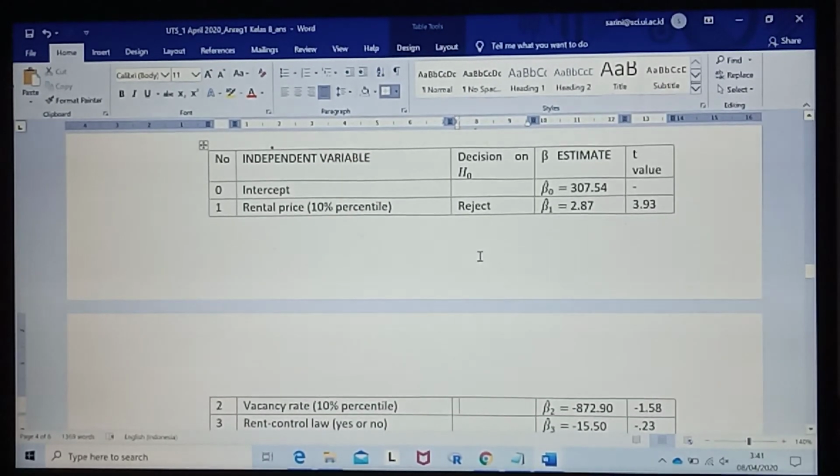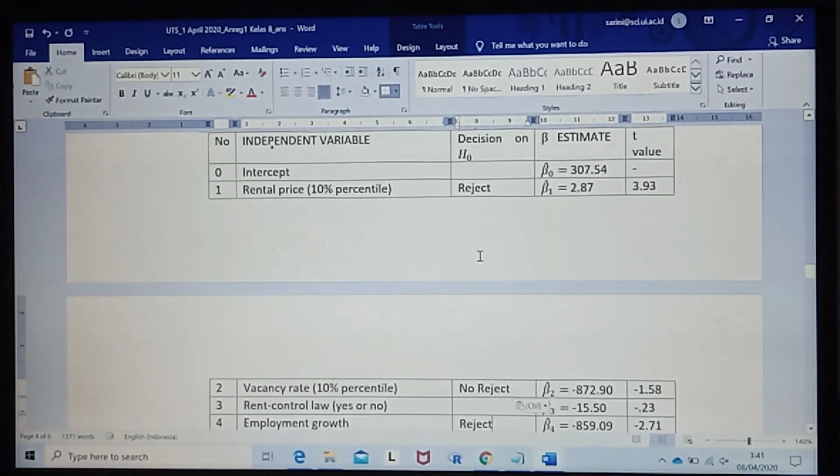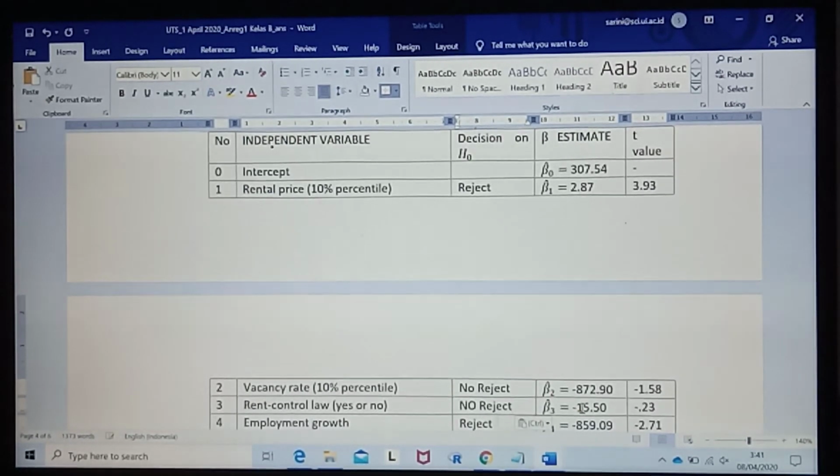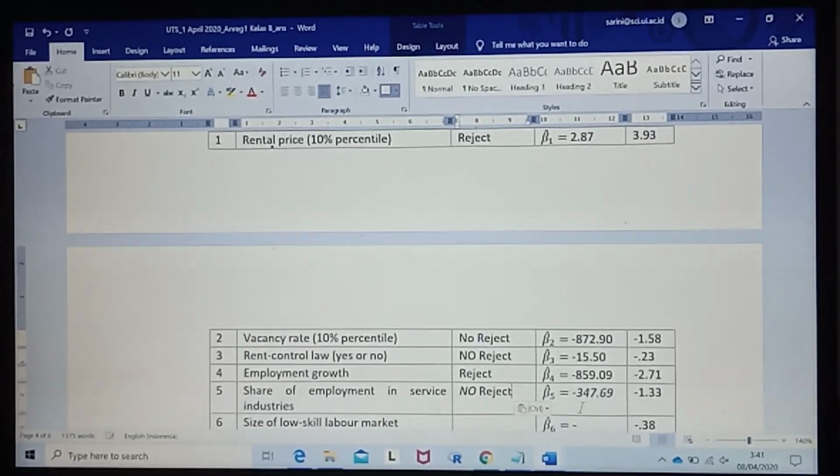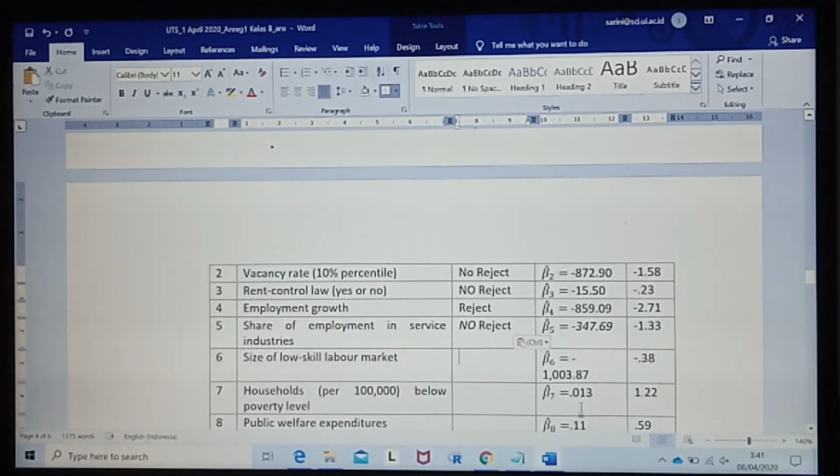And here minus 1.58 is greater than minus 2.03, so we do not reject the null hypothesis. And here we have minus 0.23, which is in the acceptance region, so no reject. And then in here minus 1.33 compared to minus 2.03, this is in the acceptance region, minus 0.38, no rejecting.